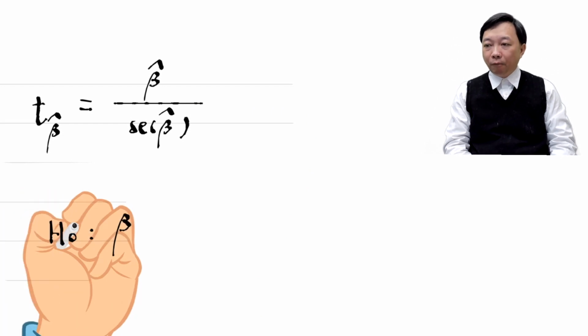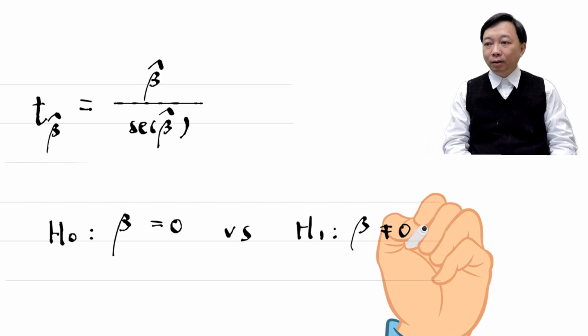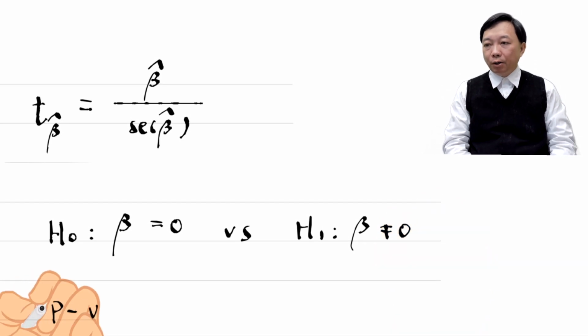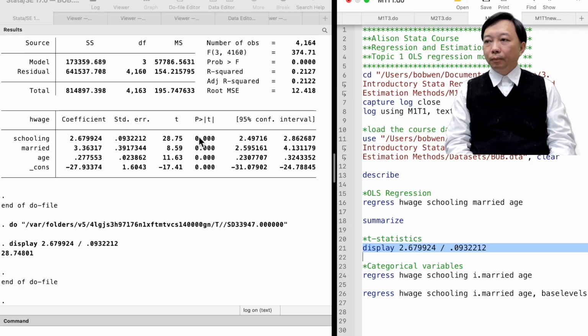The null hypothesis is that the coefficient is 0, while the two-sided alternative hypothesis is that it is not 0. The p-value is the smallest significance level at which the null hypothesis would be rejected.